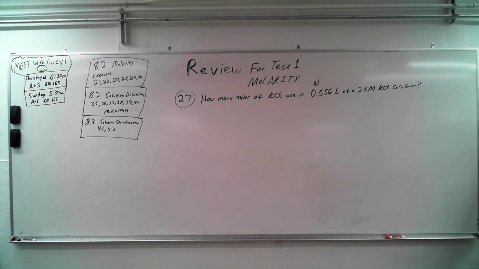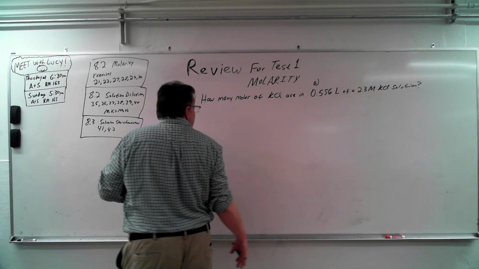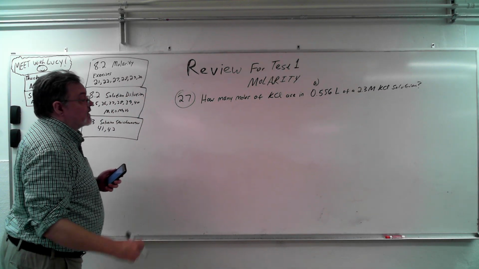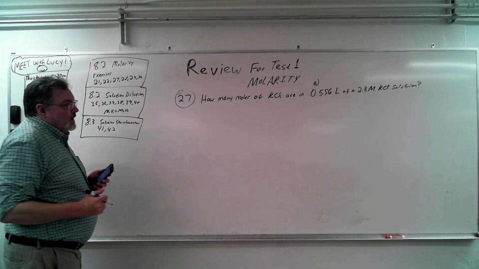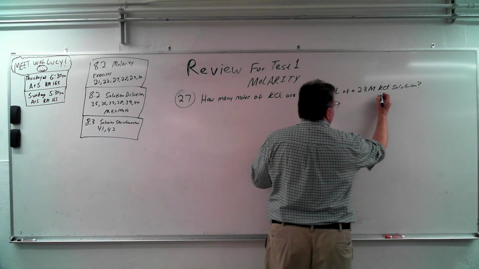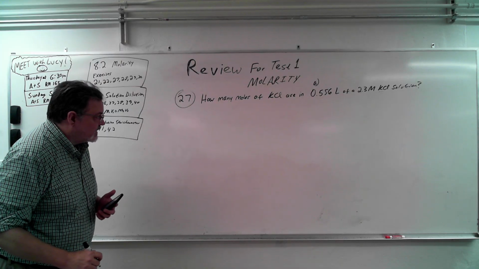How many moles of KCl are in 0.556 liters of 2.3 molar KCl solution? You don't see grams anywhere, so you're not going to have to calculate grams per mole. Again, the KCl is kind of superfluous here.